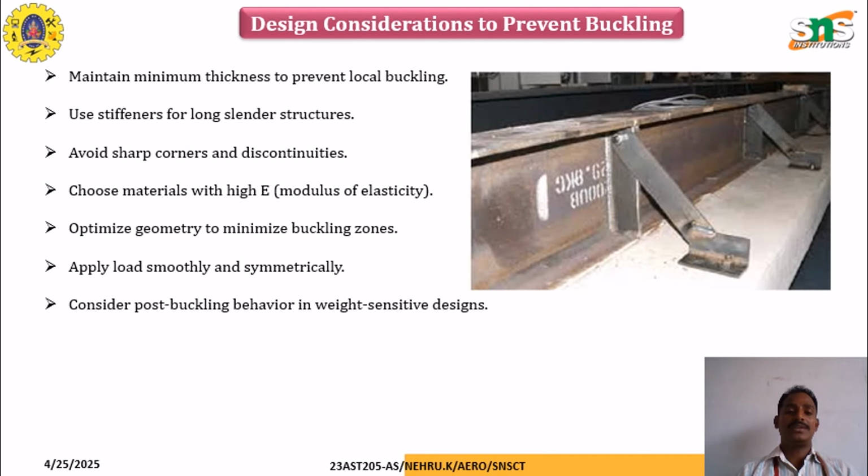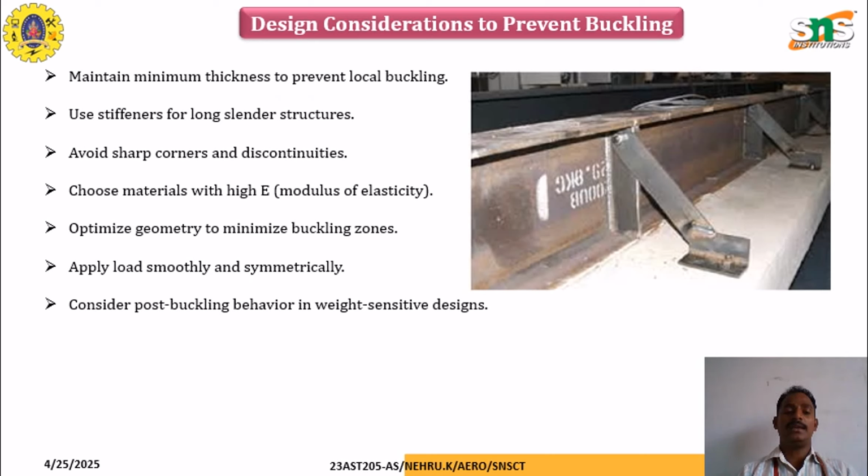Now coming to the design criteria to prevent buckling. This is one thing we have to understand: how to prevent buckling in an aircraft and other structures. Maintain minimum thickness to resist local buckling so that it can avoid large buckling. Use stiffeners for long stringer structures. Also avoid sharp corners and discontinuous faces to avoid increasing buckling.